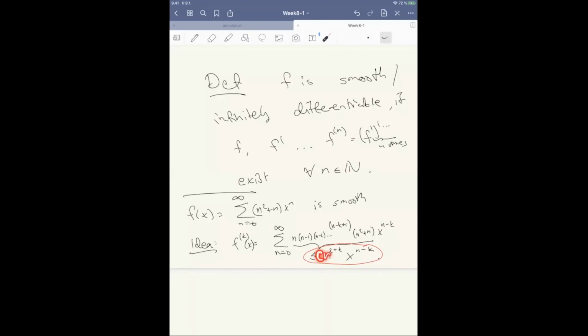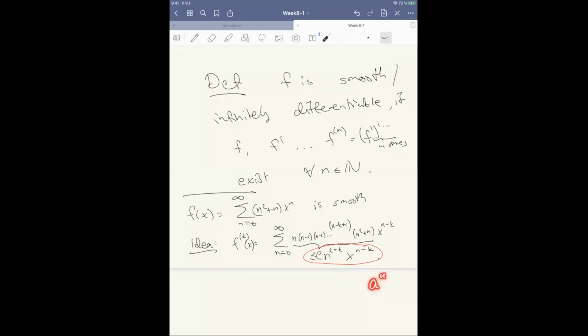Specifically, if you merge all these coefficients, you can estimate this from above by a constant times n to the 2 plus k. The n squared comes from that. And because there are k terms here that are all smaller than n, we get that that is bounded by n to the k. So really, by the lemma, this is again bounded by another constant times b to the n, a to the n.